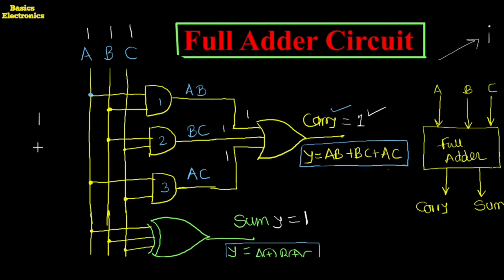If we add the binary bits 1, 1, 1, we get sum equal to 1 and carry also equal to 1. It means the logic circuit which we constructed produces the same output as when we add mentally. So we can say this logic circuit is a full adder circuit.